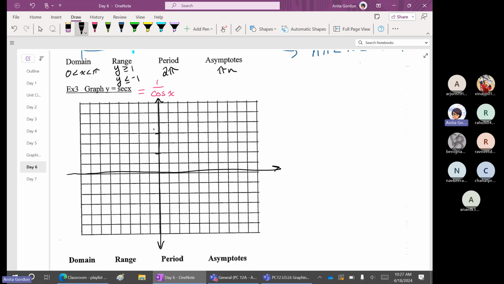And I'm going to use the same scale as before. Perfect. Cosine.